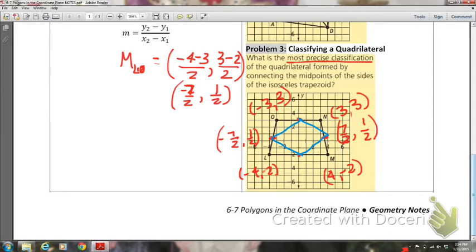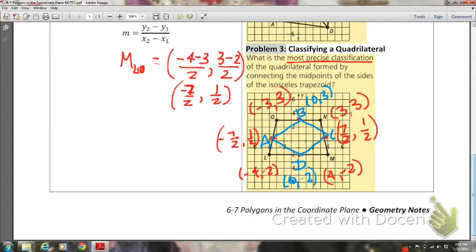So once again, let's name these points to make it easier to reference. Let's name them A, B, C, and D. Those are the vertices of that quadrilateral that's formed inside there. The coordinates of B are going to be 0, 3, and the coordinates of D are going to be 0, -2.